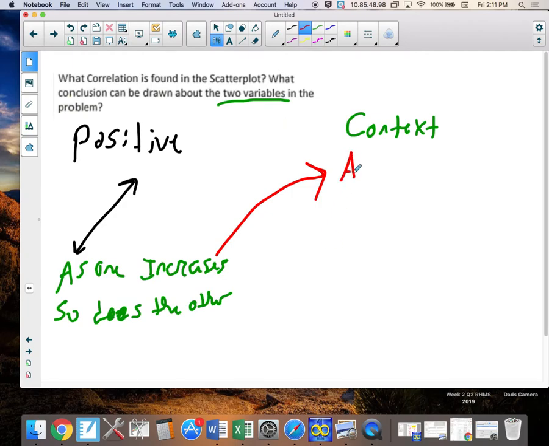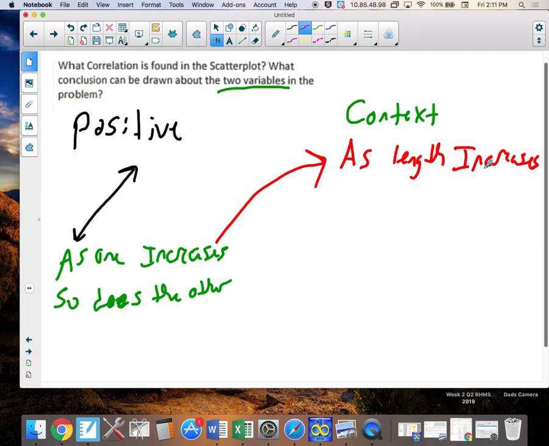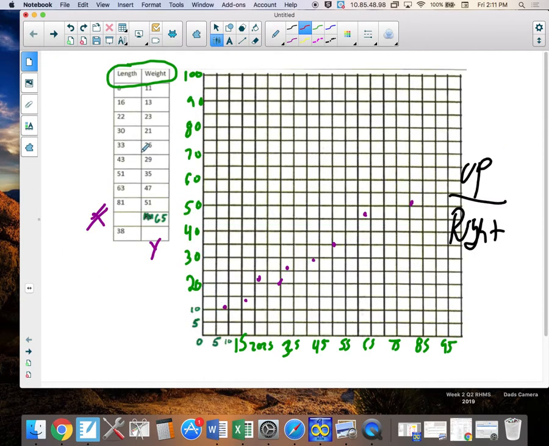So, as length increases, so does weight. And that is something that we see happening with the data points themselves. Here we had 8 and 11. By the end, 81 length was 51 weight. Everything was increasing as we went down the chart.